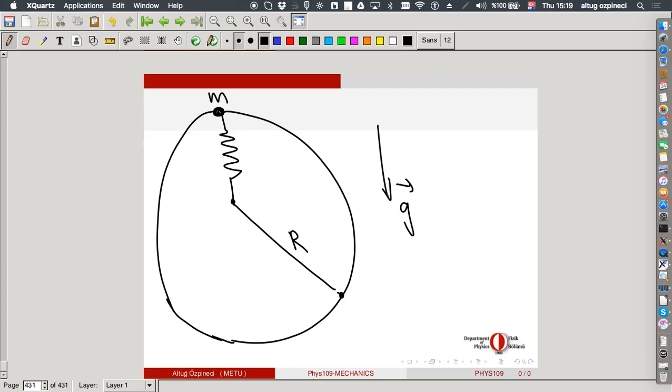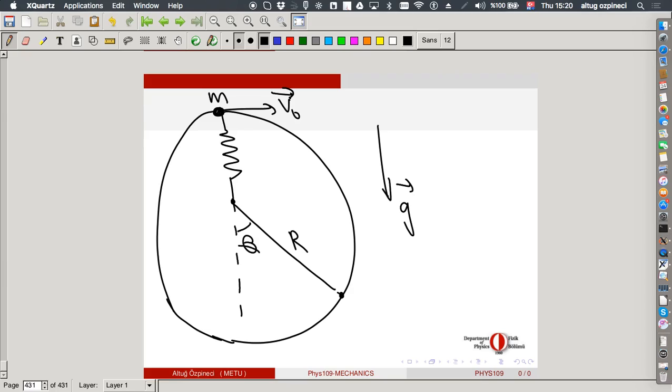If you know this angle and the initial speed, let's say at the top it has a speed v0, at this angle you can determine what the speed will be, and from that you can determine this length. So at a given theta, you know what the length is, and from that information you can obtain the shape of the trajectory.